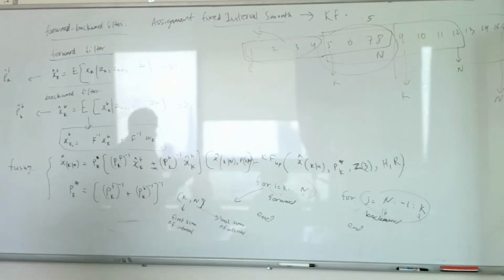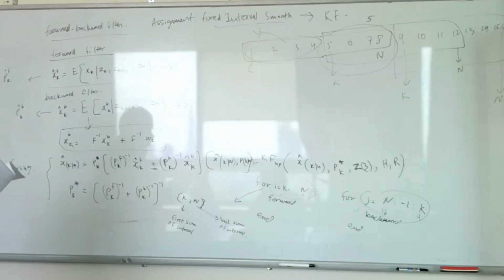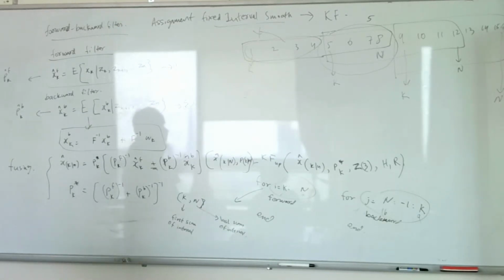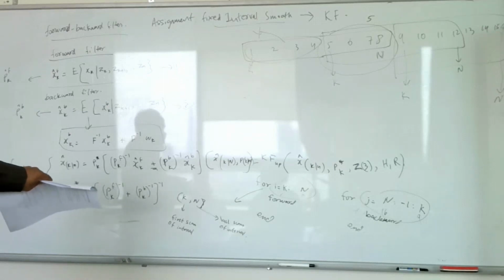The other method is the two-pass filter, the RTS smoother. It is in the same way, but it is used to calculate the backward prediction with a formula, not the backward tracking like this one.